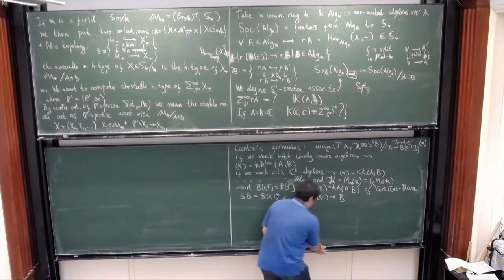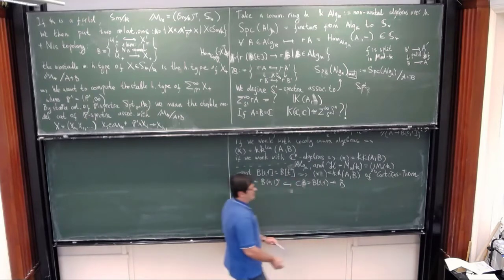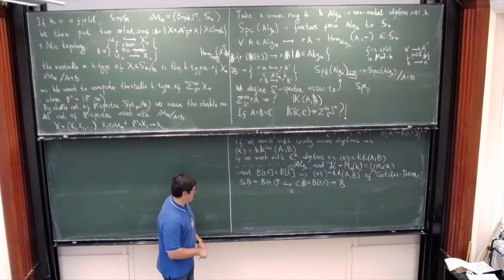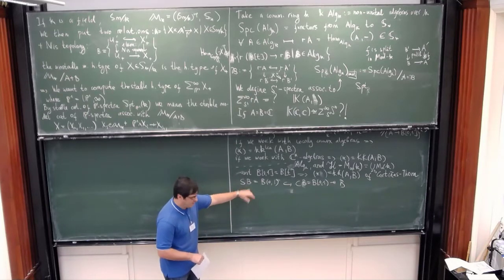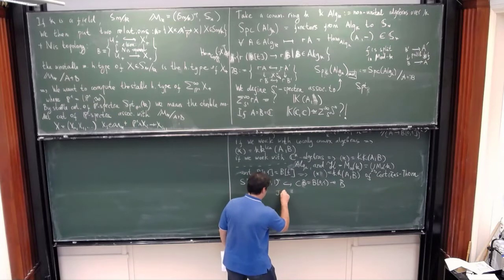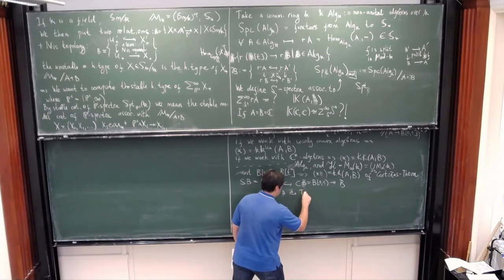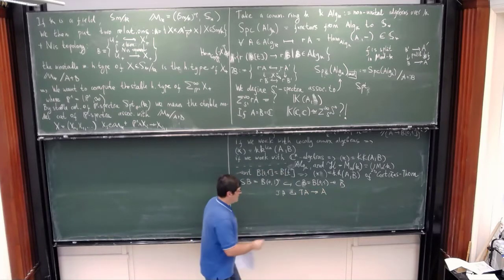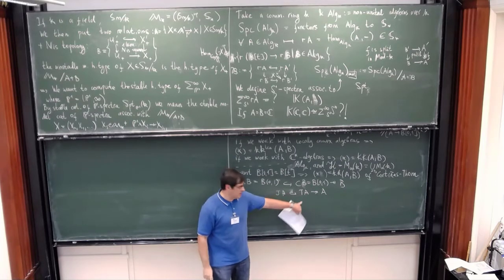And J, in fact, is another important operator here. This is, in fact, a kind of sphere object on B, but J fits in an extension where T is the tensor algebra.